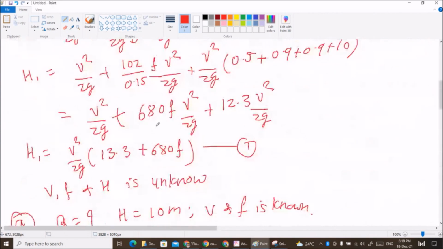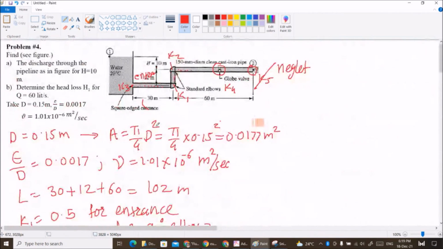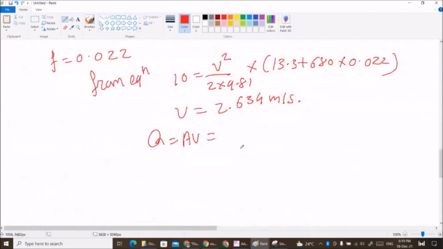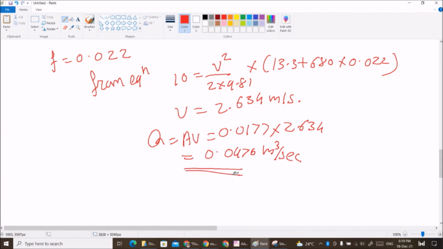A is, as already we found out here, 0.0177, 0.0177 into 2.634. So we'll get Q is equal to discharge 0.0476 meter cube per second. So this is our answer. Q discharge is equal to.